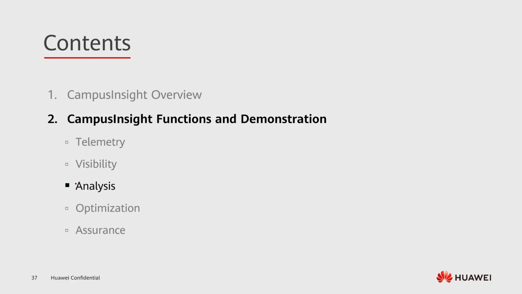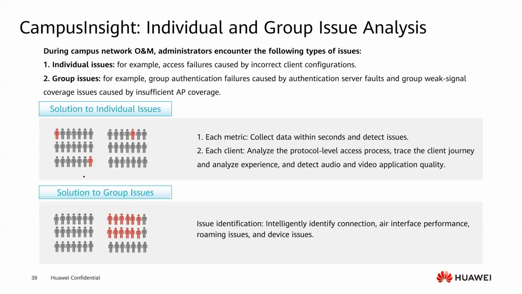And the next is the analysis. We have just mentioned that in our network there are two kinds of issues. One is for some specific person, that is the individual issue. You can check the individual issue for each metric or for each client, and get the root cause or the suggestions.